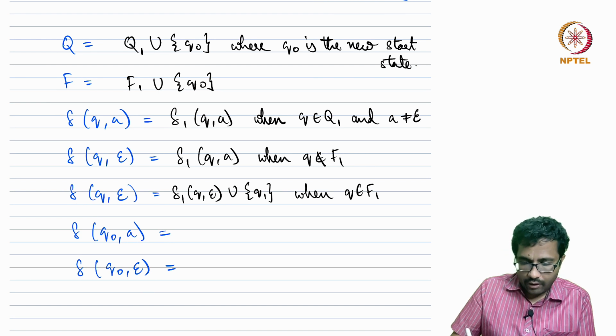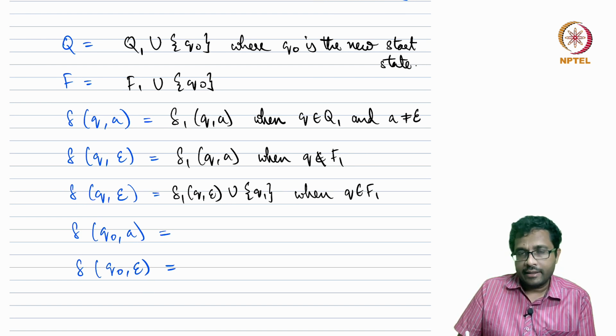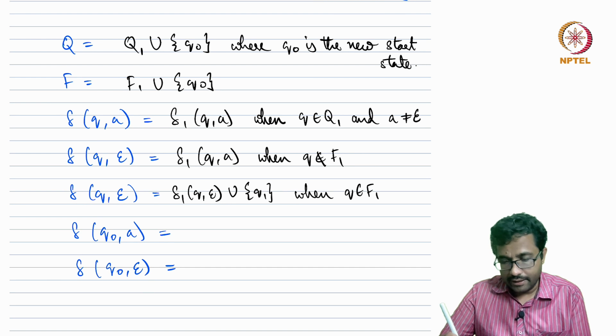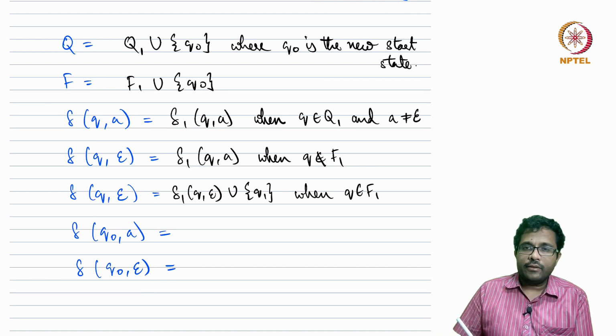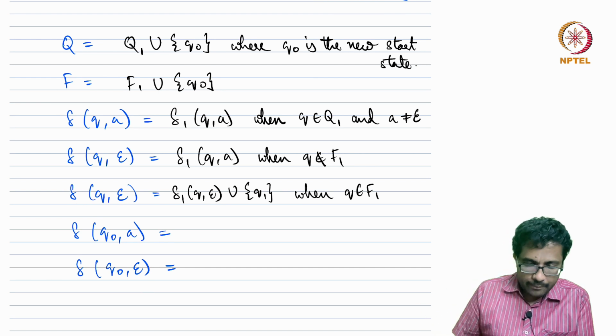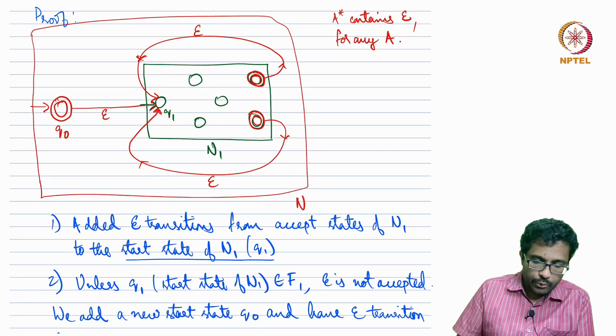First is all states but not epsilon transitions, then epsilon transitions of non-accepting states, and then epsilon transitions of accept states. Now what remains is only the transitions of the new state q0.